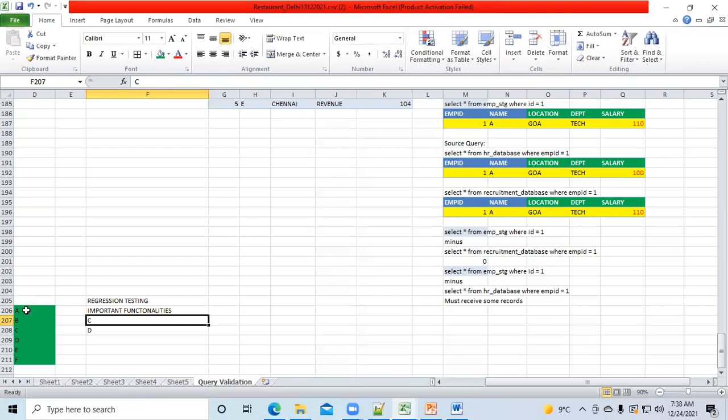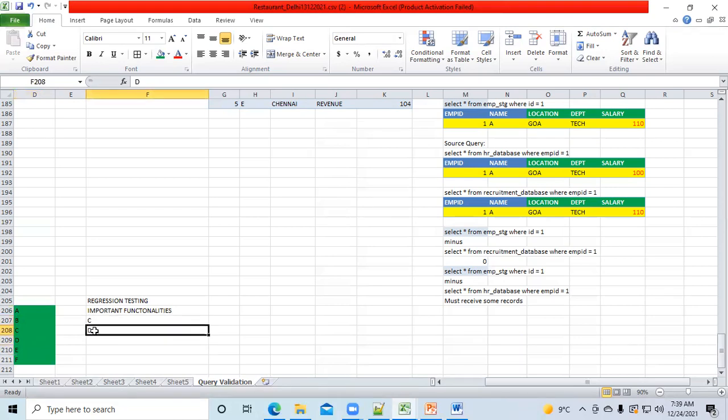Suppose A, B, E, F are working and C and D are not working, then the total will be of no use. But suppose sometimes it happens that even if F is not working and the others are working, we can release this to production, and that issue will not be a big issue. We can fix that after some time. It happens, right?